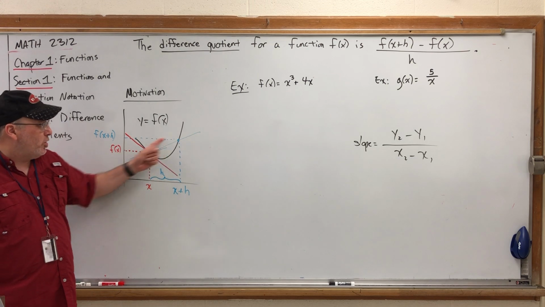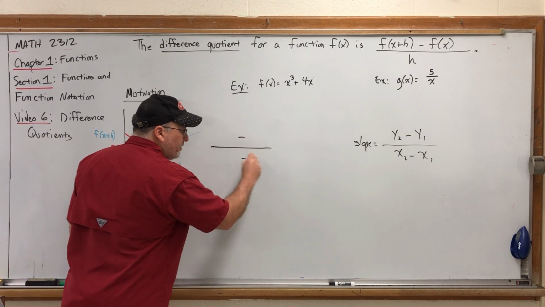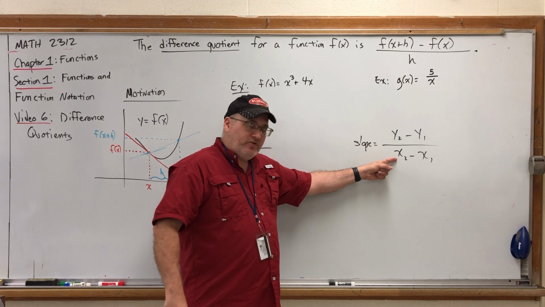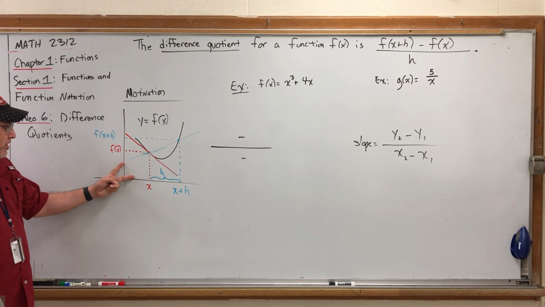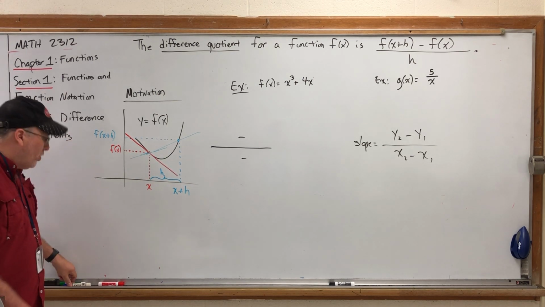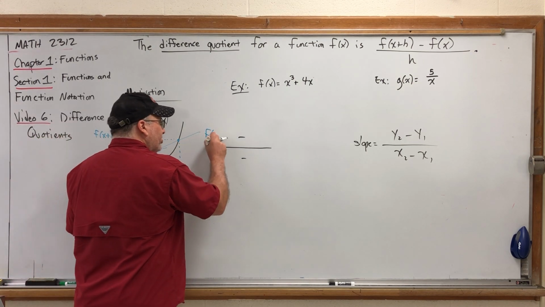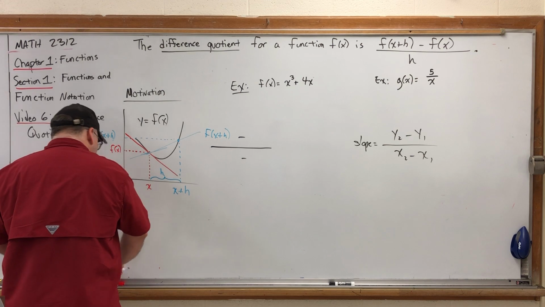If we want to find the slope of this blue line, we would just set up the difference in the y's over the difference in the x's. Well, if the red point is the first point and the blue point is the second point, then the second y minus the first y is f of x plus h minus f of x.